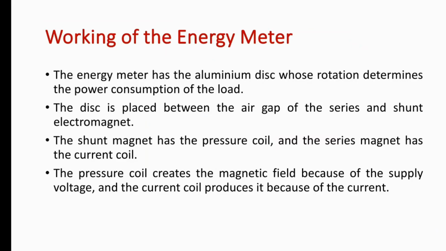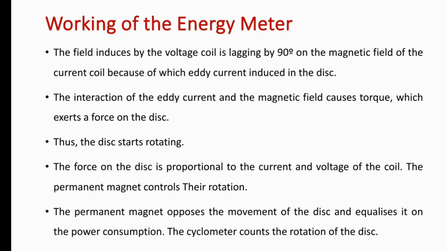Then the working of the energy meter. The energy meter has an aluminum disc whose rotation determines the power consumption of the load. The disc is placed in the air gap between the series and shunt magnets. The shunt magnet has the pressure coil and the series magnet has the current coil. The pressure coil creates a magnetic field because of the supply voltage, and the current coil creates one because of the current. The field induced by the voltage coil lags the magnetic field of the current coil by 90 degrees, because of the eddy current induced in the disc.